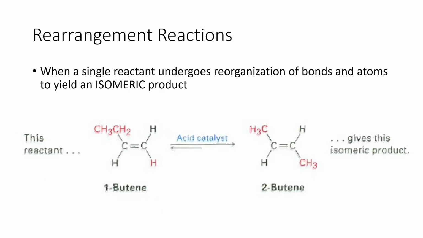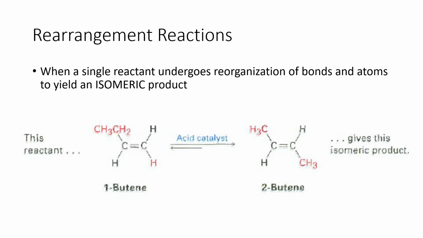And the last type of reaction is your rearrangement reaction. So a rearrangement reaction only has one reactant. However, it just rearranges itself to form an isomeric product. It transforms into another isomer of itself. See, you have your 1-butene in the presence of an acid catalyst becomes 2-butene in this manner.